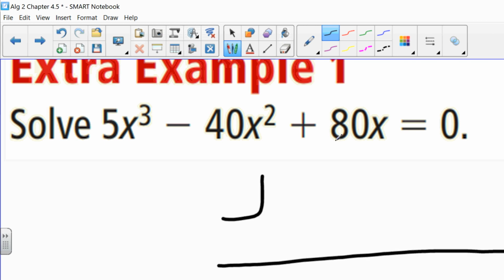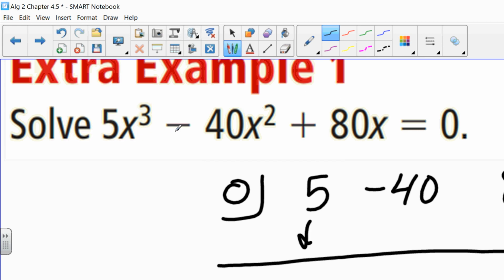synthetic division, yes? Because we can put 0 in the cubbyhole, and across the top would be 5, negative 40, 80, and 0. Bring down the 5. 0 times 5 is 0.